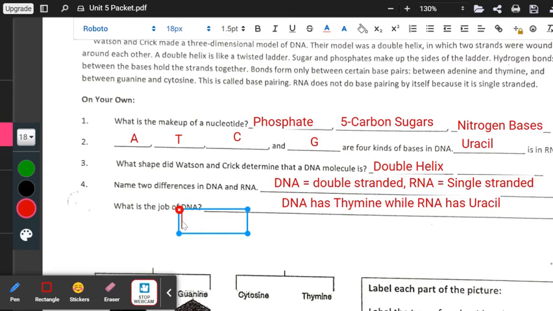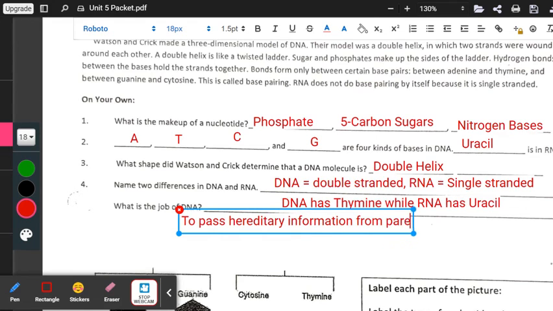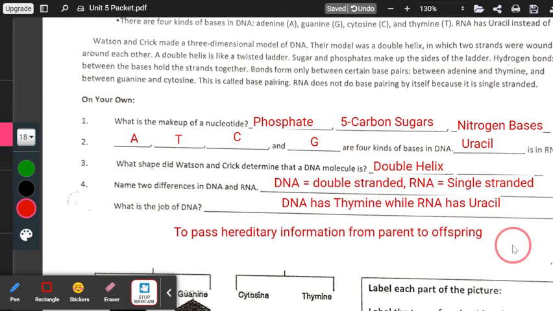As far as what is the job of DNA, it is to pass hereditary information from parents to offspring. Let me mark that down. So the whole goal of DNA is to simply hold your genetic information and try to pass it in case you ever want to procreate and have a child.